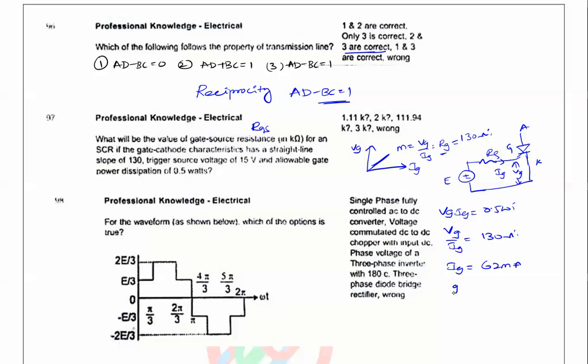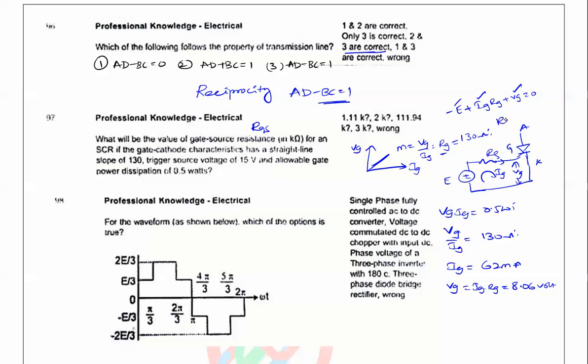So from this, Vg is equal to Ig into Rg, that gives 8.06 volts here. So finally after doing all these things we can find the final equation by applying KVL here. So minus E plus Ig into Rg plus Vg is equal to 0. We know Vg value, we know Ig value, we know E value. What is E value? 15 volts.